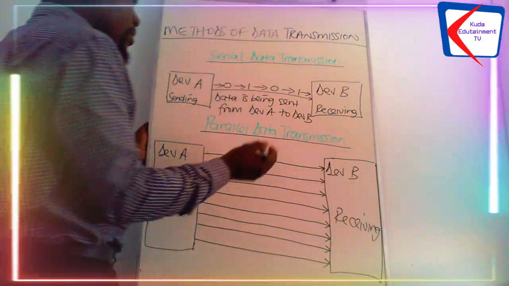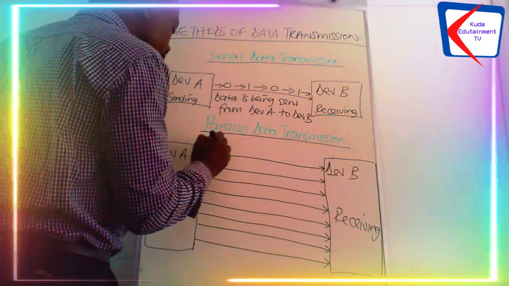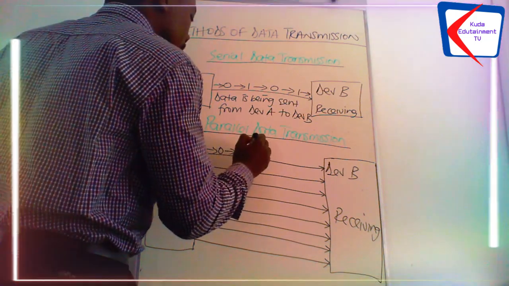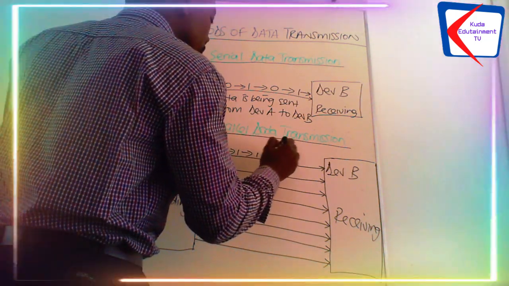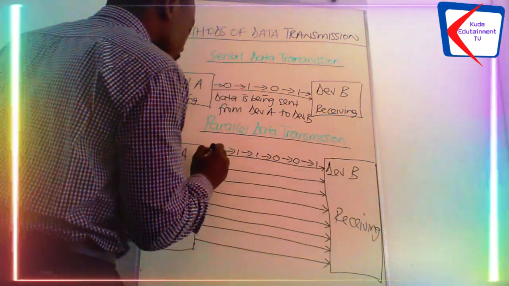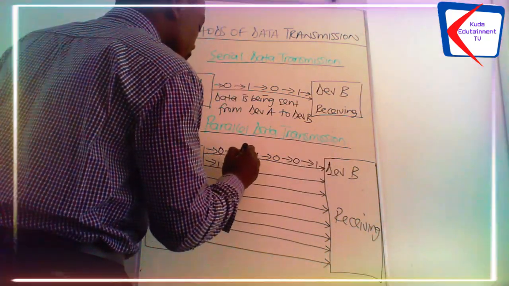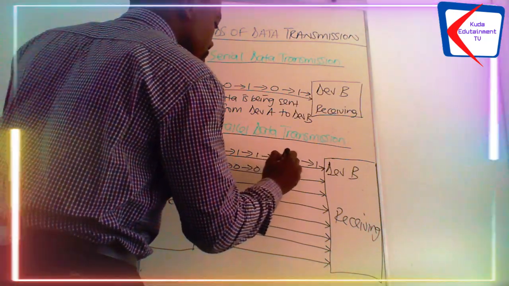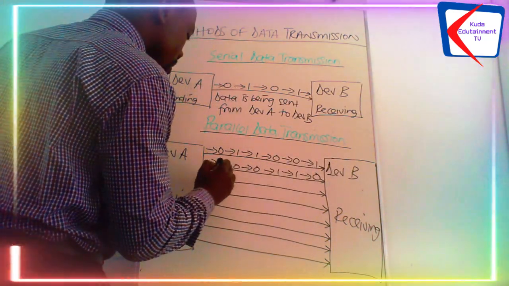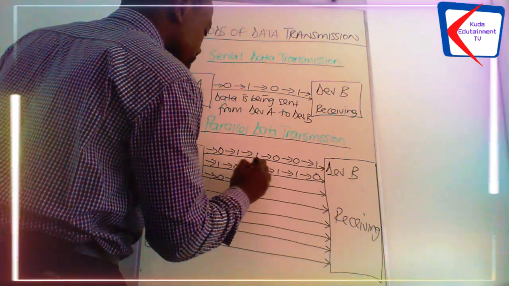So we can have bit 0, bit 1, bit 1, bit 0, bit 0, bit 1, then 1, 0, 0, 1, 1, 0, another set here.